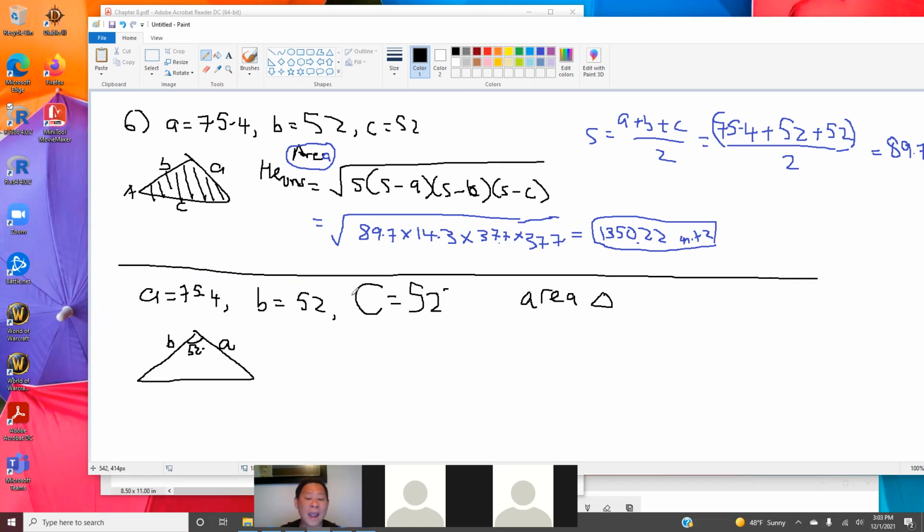But if I give you two sides and an angle, then you use the area of a triangle formula, which is 1/2 AB sine C. So if a question gives you two sides and an angle, an SAS, side angle side type, you will use this formula, 1/2 AB sine C. So you just plug this back in: 1/2 times A, which is 75.4, times B, which is 52, times sine C, which is sine 52 degrees.